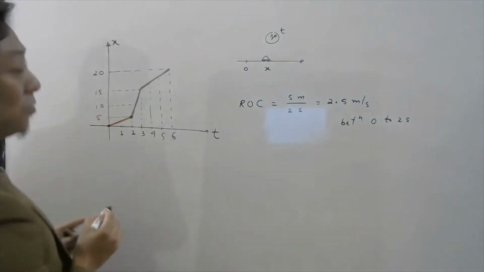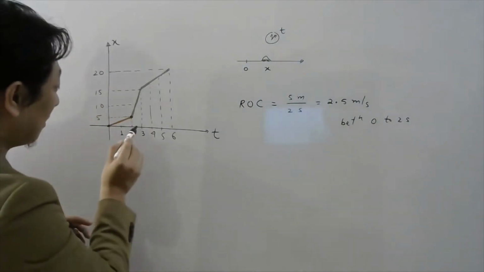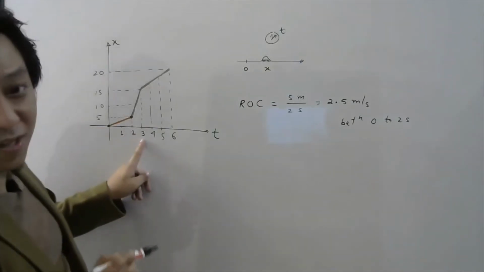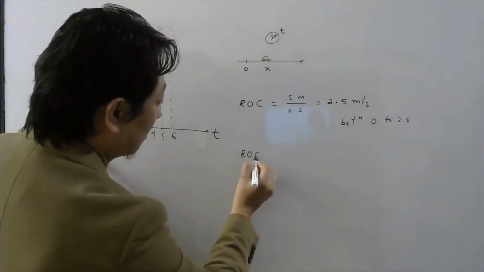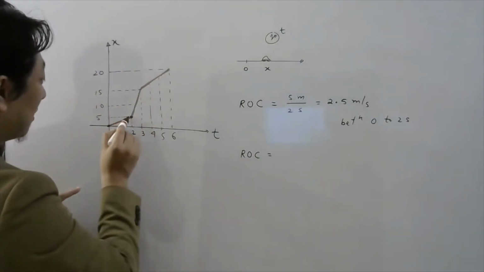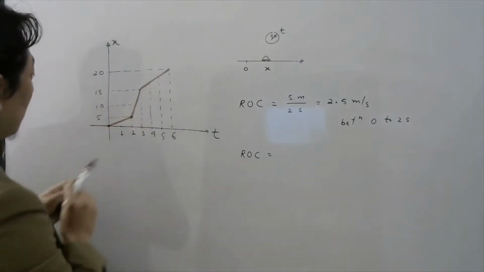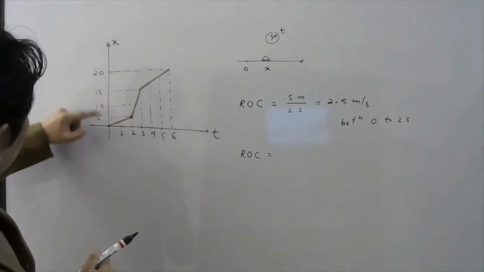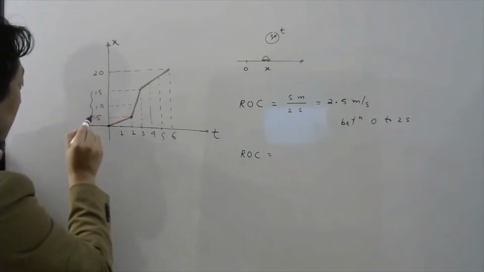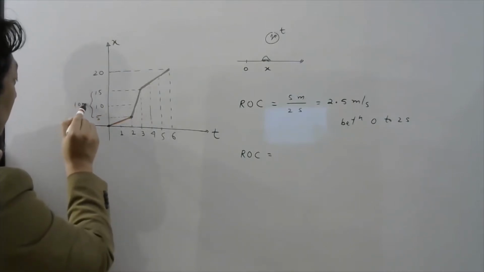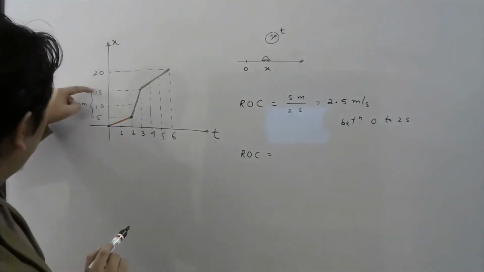But what if I want to know the rate of change in this interval, 2 to 3 seconds? So from 2 to 3 seconds, if I calculate the rate of change, let's see what I will get. So from here to here, you can see the distance covered is from 5 to 15. So 5 to 15 would be how much distance covered? Obviously 10 meters, isn't it? Right? This is 15, this is 5.